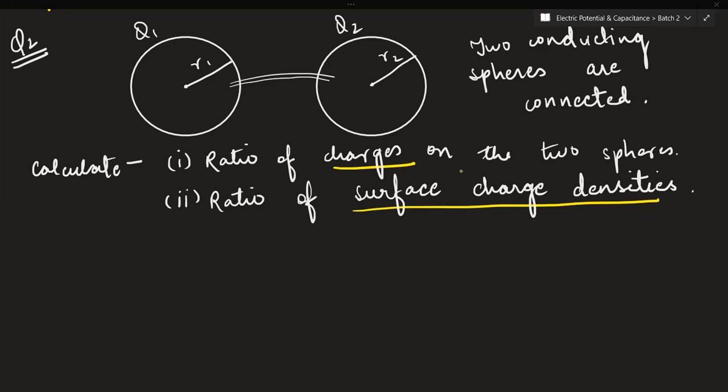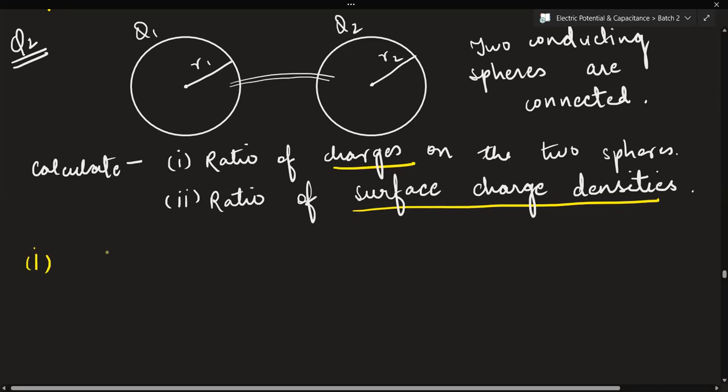Atif, till when will the charges keep on flowing? Until both have the same potential. Very nice. So with the help of that concept only we will solve, which Atif has mentioned right now.